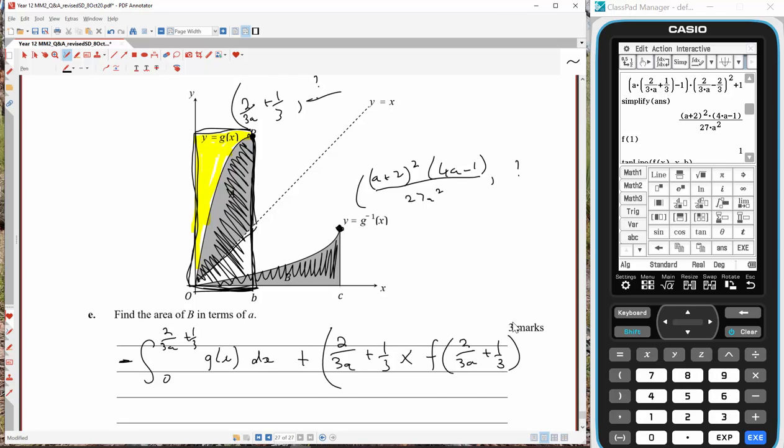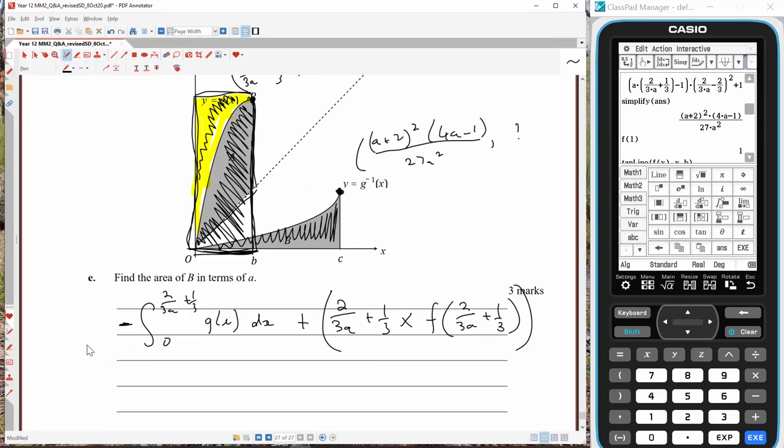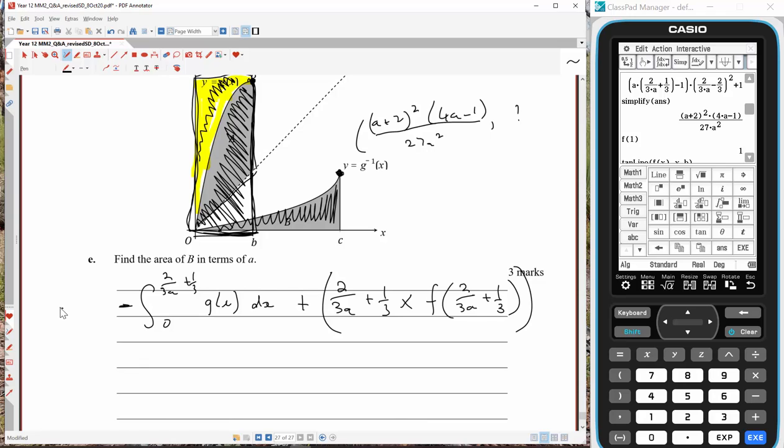So it's going to be area under the curve negated, so that's negative, plus the full rectangle, and what that will do is just end up leaving us with this part left over. If I had thought about it better, I would have done area of rectangle, subtract this, but it doesn't matter really which order you do it in. So that's going to give us the area of B in terms of A.